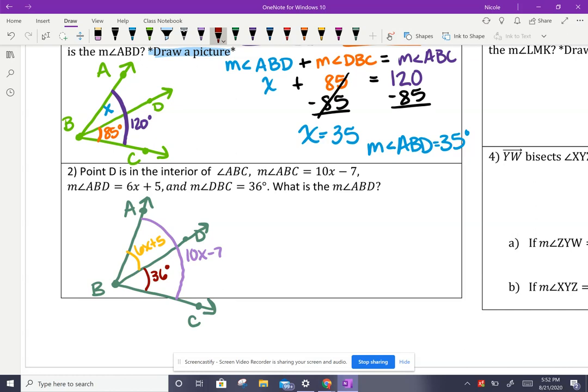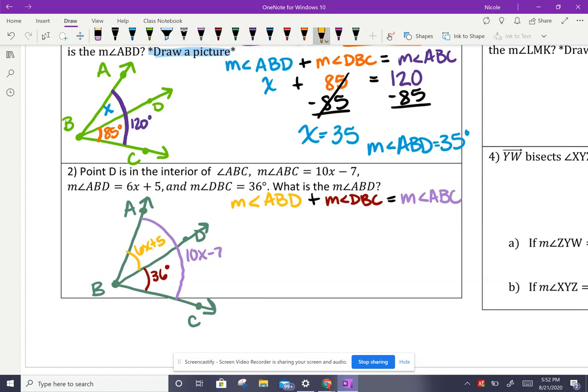Now I do part plus part equals whole. The measure of angle ABD plus the measure of angle DBC should equal the measure of angle ABC.